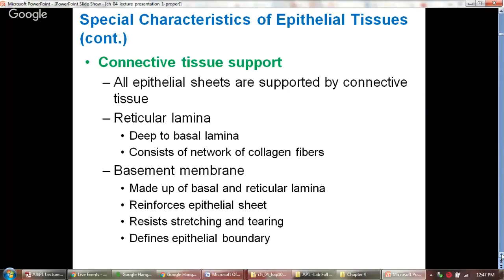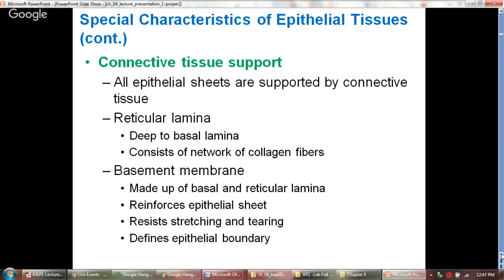Sometimes when you look at histological pictures, you will see a reticular layer. At that point, remember that this reticular layer is a type of connective tissue, and it has collagen fibers.